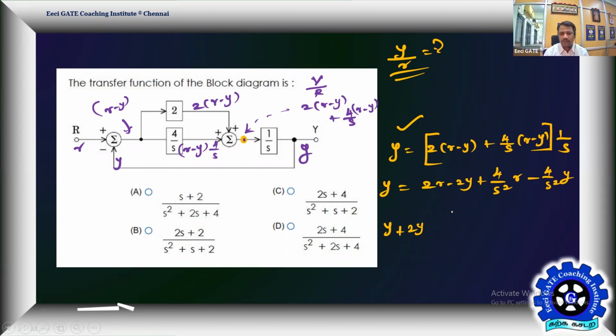So y plus 2y, y plus 2y plus 4 by s square into y, that is equal to 2 plus 4 by s square into r. Then y plus 2y will become 3y. That's where I suspect I committed a mistake.